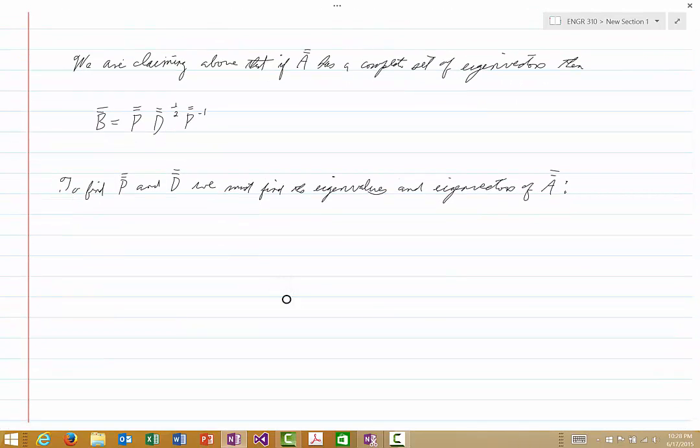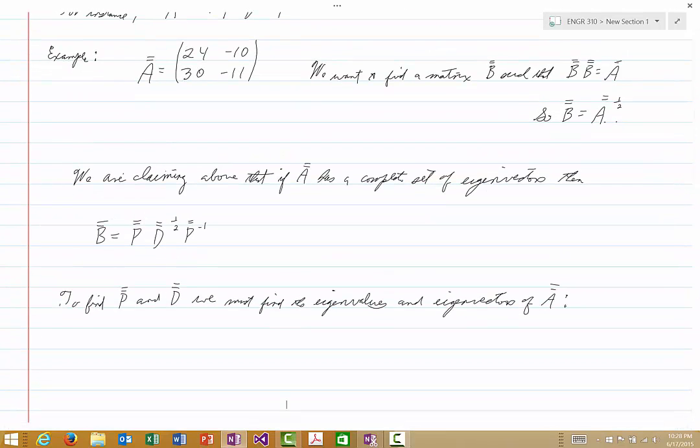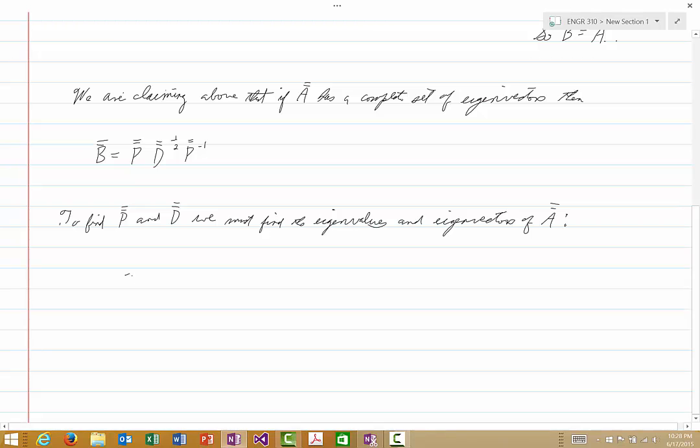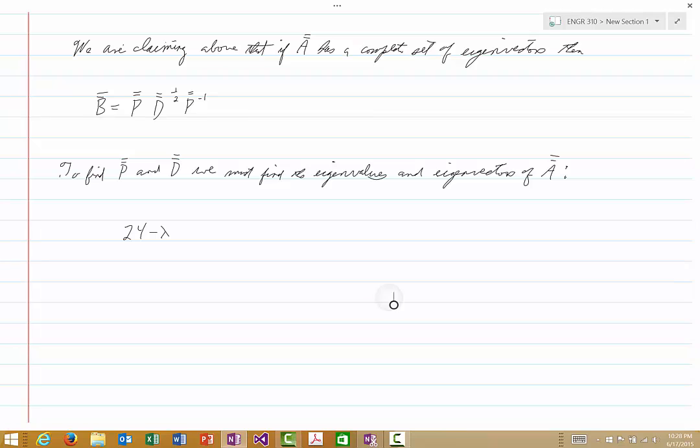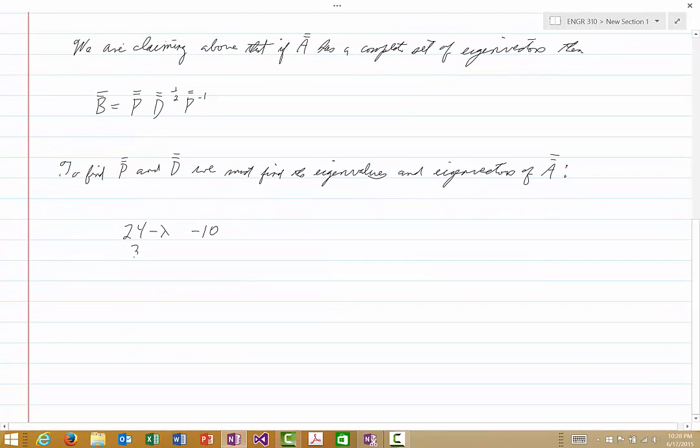And of course, the way that we do that is by setting the determinant of A minus lambda I equal to 0. So we get 24 minus lambda, negative 10, 30, and negative 11 minus lambda is equal to 0.